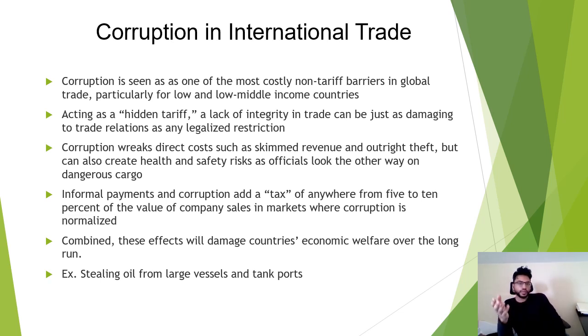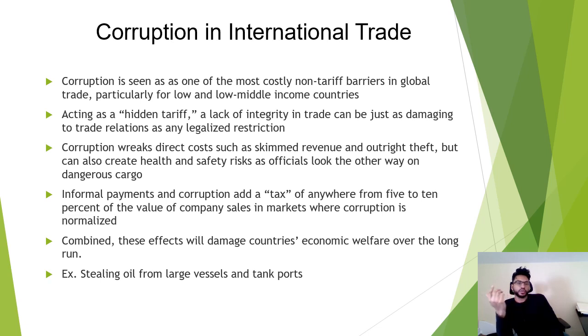So, long story short, tariffs are huge barriers in global trade. Non-tariff barriers are something like corruption, so it acts as a hidden tariff. A lack of integrity in trade can be just as damaging to trade relations as any legalized restriction.